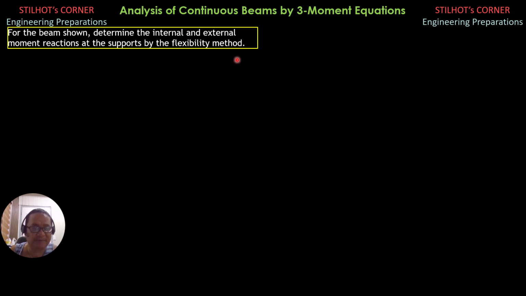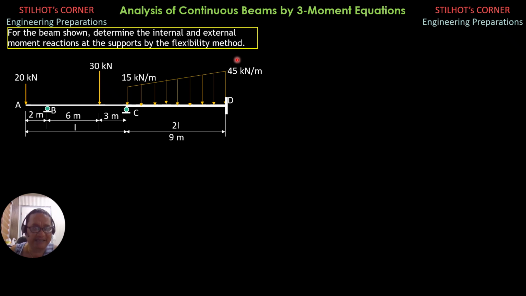I'll just compute and verify that the moments at C and D are the same as the values solved using the different methods earlier, or early methods like double integration, method of least torque, superposition method, and so on and so forth.